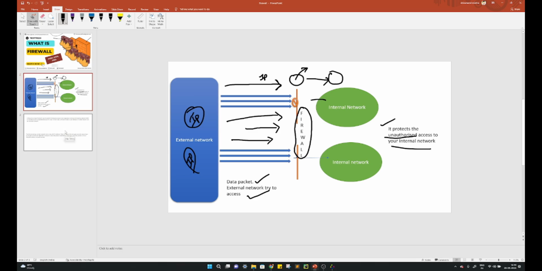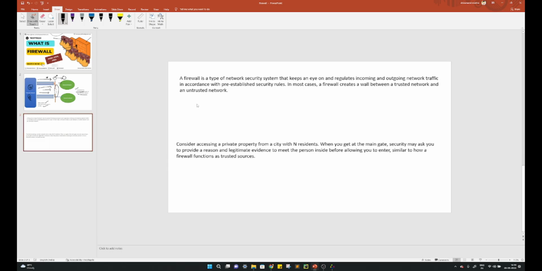So let's understand in definition wise and with one small example. A firewall is a type of network security system that keeps an eye on and regulates incoming and outgoing network traffic. This is incoming, right? And this will be outgoing.